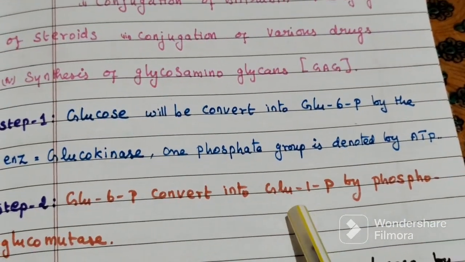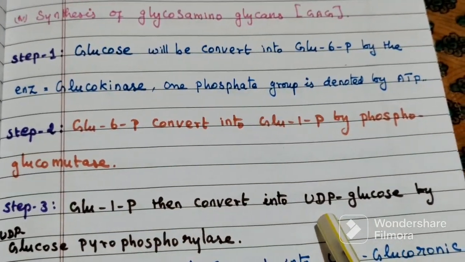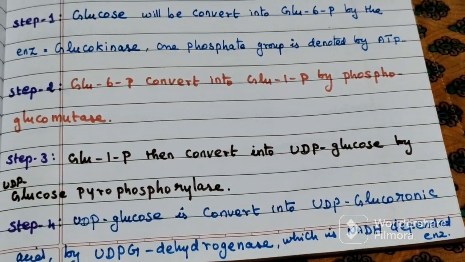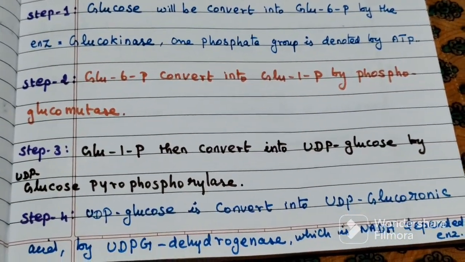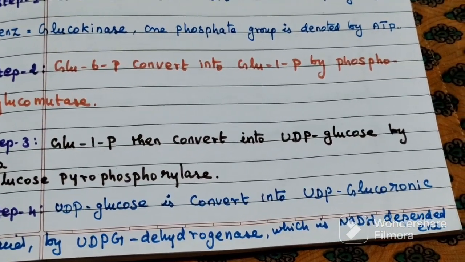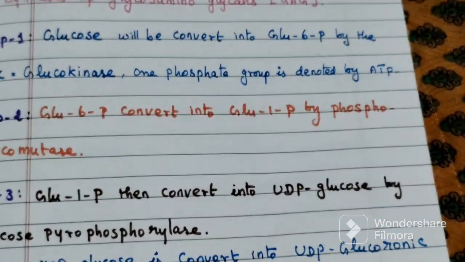Then the steps: first, glucose is converted into glucose 6-phosphate. Glucose 6-phosphate is converted into glucose 1-phosphate. Glucose 1-phosphate is converted into UDP glucose. Then UDP glucose is converted into UDP glucuronic acid with the help of enzyme UDPG dehydrogenase. This one is an NAD dependent enzyme.